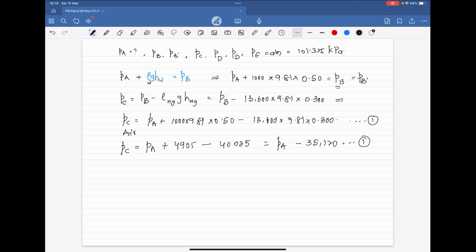Let us not call this equation 1. This is the simplified form: PC is equal to PA minus 35,120. Let us write it clearly: 35,120.